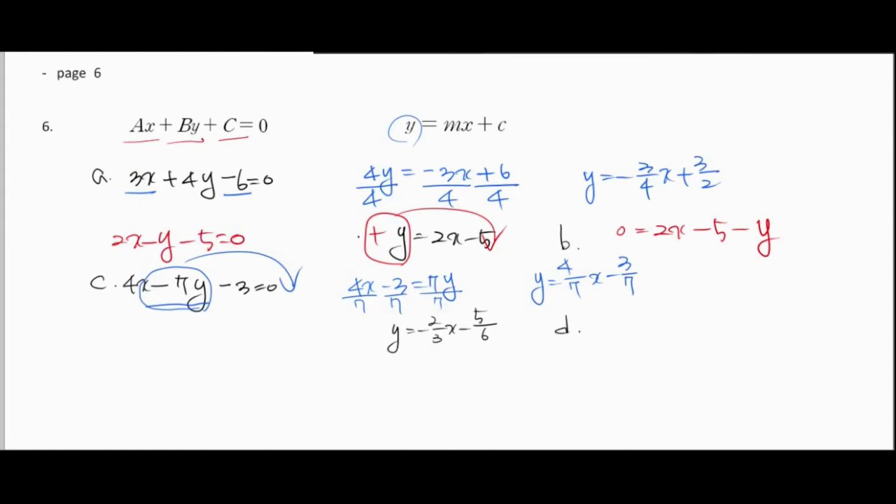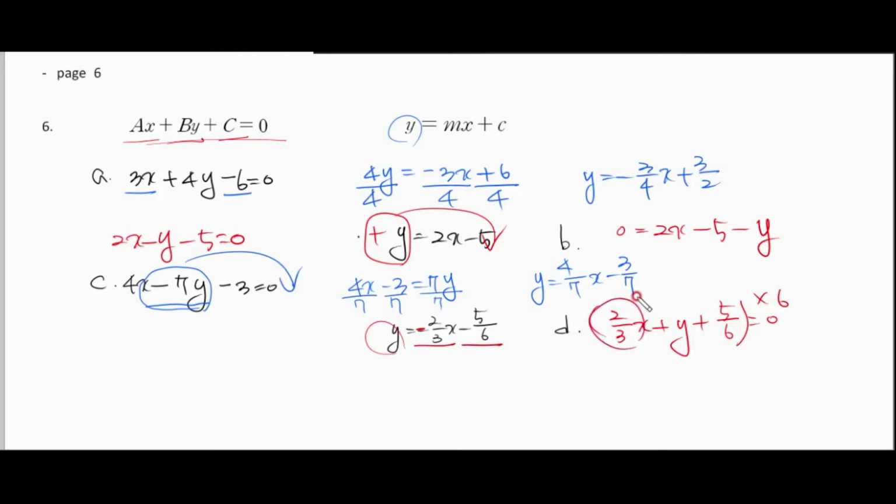And now let's hope for the last question, D. This time the x and constant will go over because those minuses are not that great. And 2 over 3 x plus y plus 5 over 6, and this equals 0. Because it requires an integer form, not a fraction, we'll multiply both sides by the least common multiple of 3 and 6, which is 6.